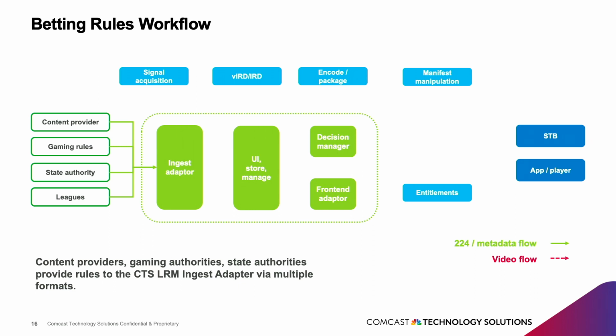Now, in this case, we're using CTS, the linear rights metadata management product, taking that data, similar to the ad addressability use case with 224, and converting it into 224, so that it's a standard that can be read by all these different applications downstream.